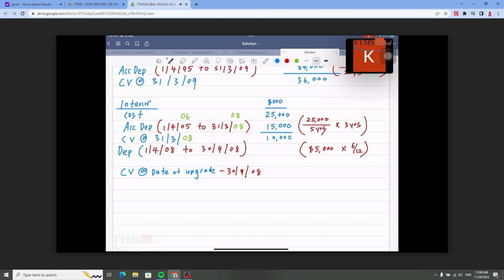Okay, so this figure, of course, no need to press calculator, is 2,500. Then now I will get my carrying value at date of upgrade. Something that we are familiar with, 7,500.